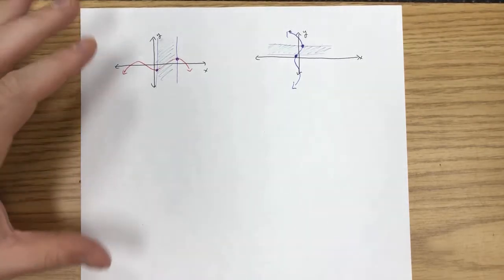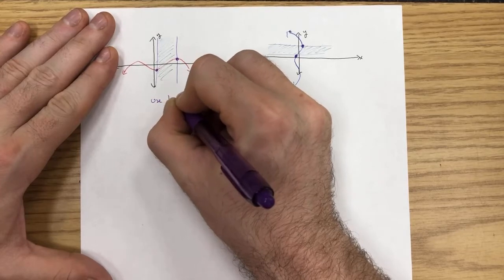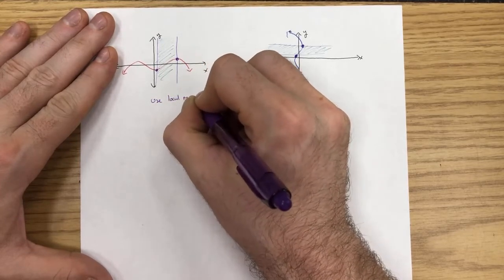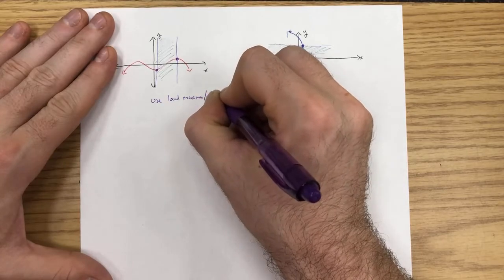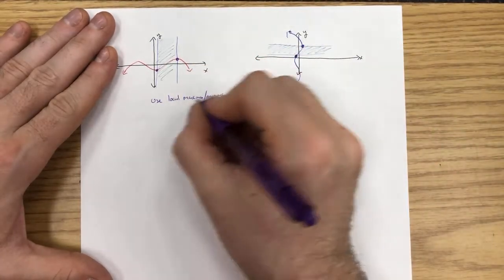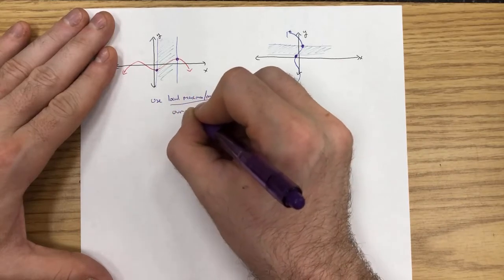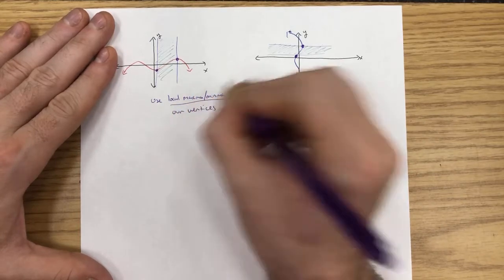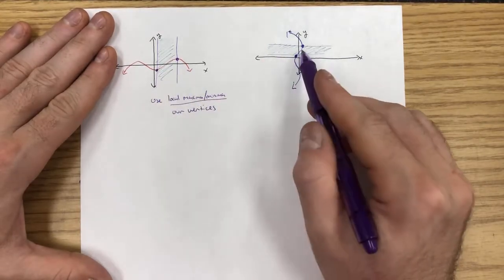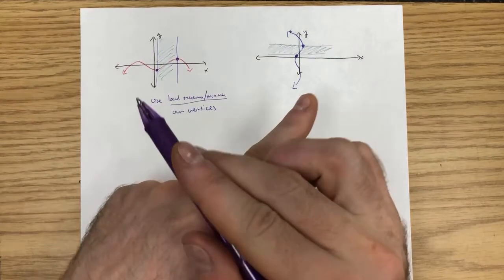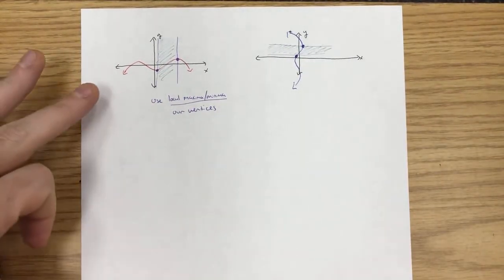Now, the hot points is that we're going to use what we call local maxima and minima, which another word for those is our vertices. The extreme low point and the extreme high point on each one of these so that we can invert it into something that works. Specifically, we're going to do that with quadratics.